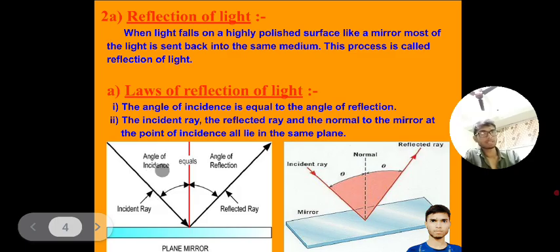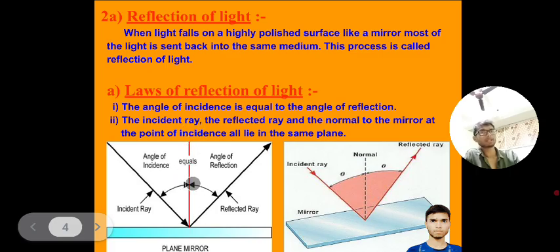From the imaginary line, how much angle is this forming? Let's say 45. So this will also be 45, and this line will be perpendicular.